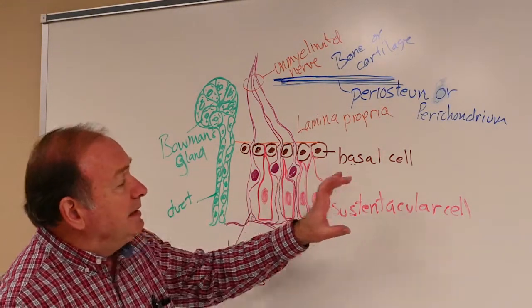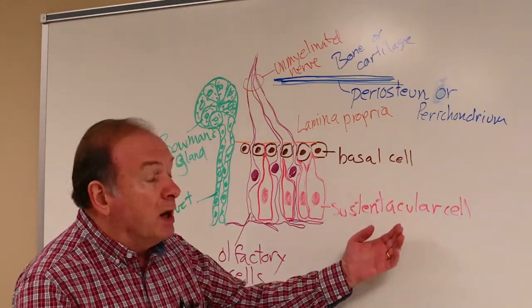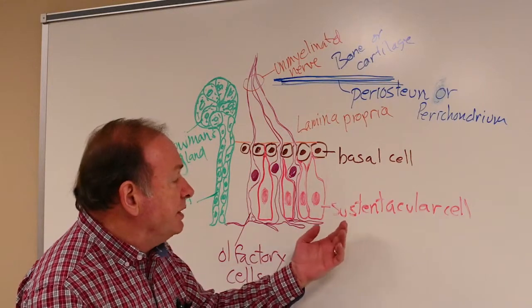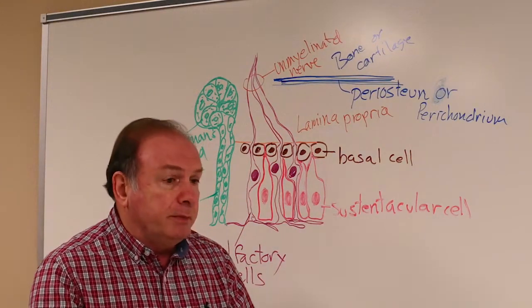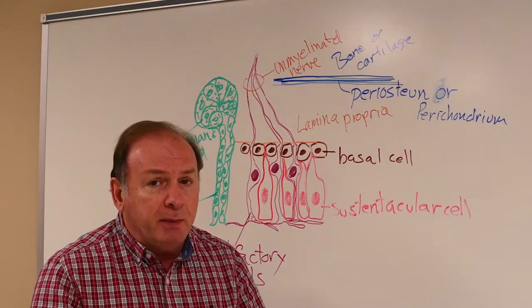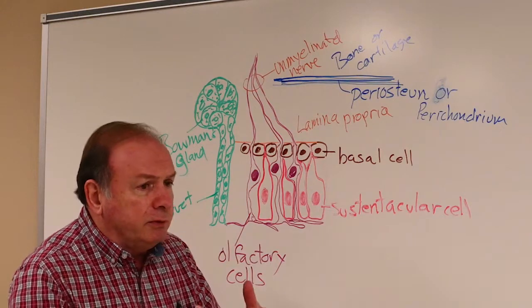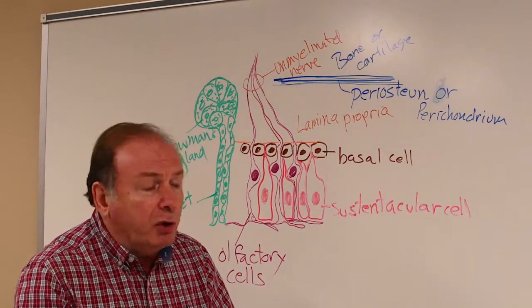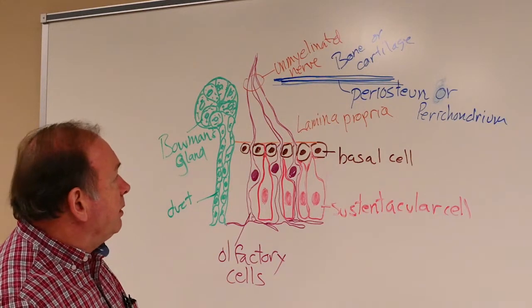There are places in your nasal passages where you transition from one cell type to another, and we're going to see how as you go into the nose, the stratified squamous epithelium that lines the entrance to your nasal passages transforms, changes over to a stratified columnar epithelium like what we see here.